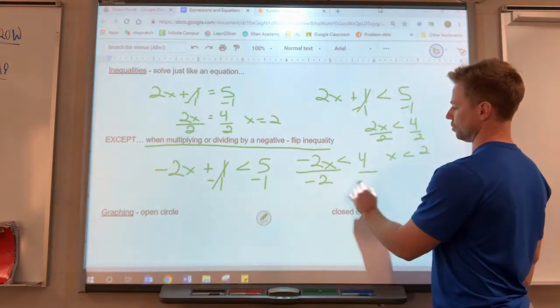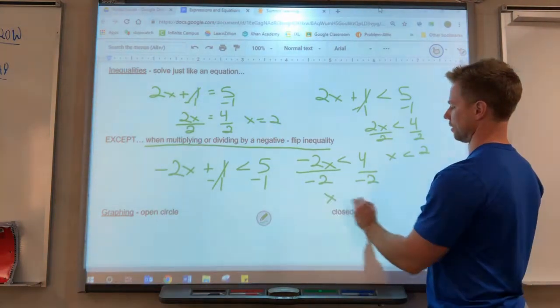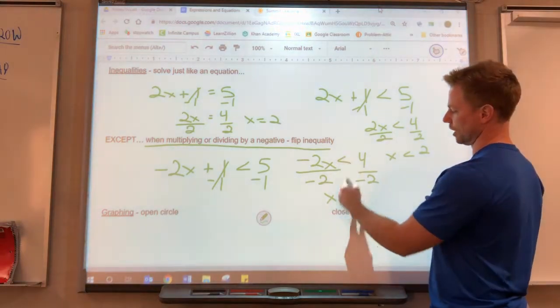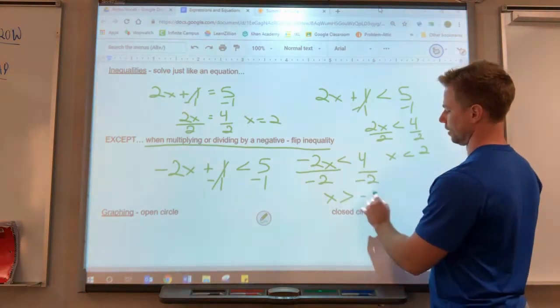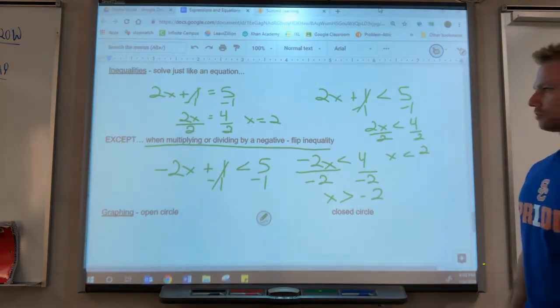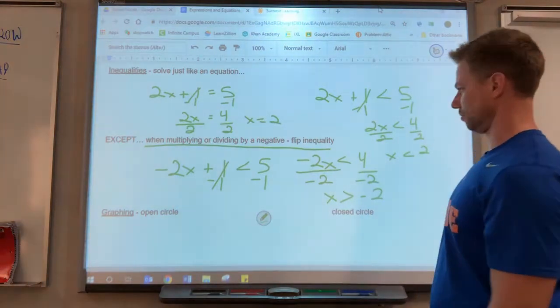What you do to one side, you do to the other side. When we divide by a negative like that, then we actually have to flip this inequality around. So it's going to go from less than to greater than, and our answer is negative 2. Okay, so whenever you're multiplying or dividing by a negative, it's going to flip.